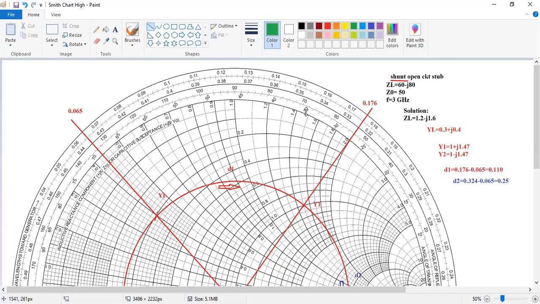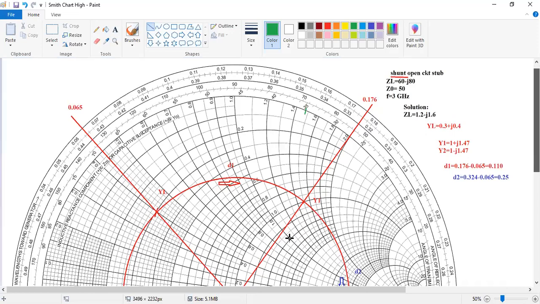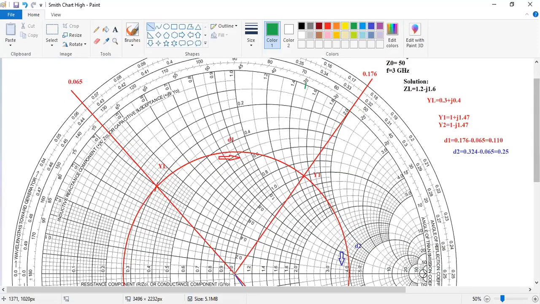Now you take the line from the center, that is from the origin, and extend it through 0.47. So I have extended it outside. So this is what you have in front of Y1. What will be the point?